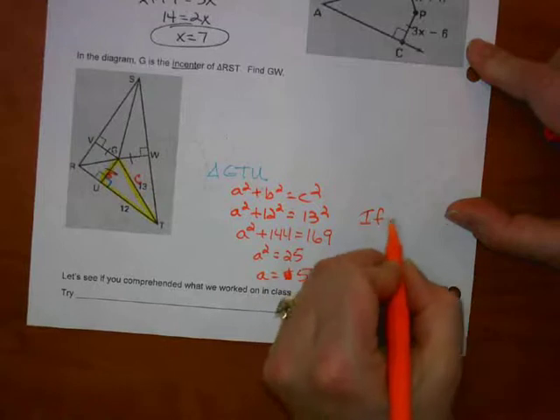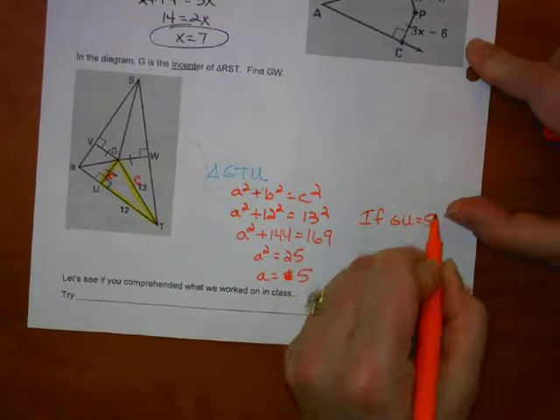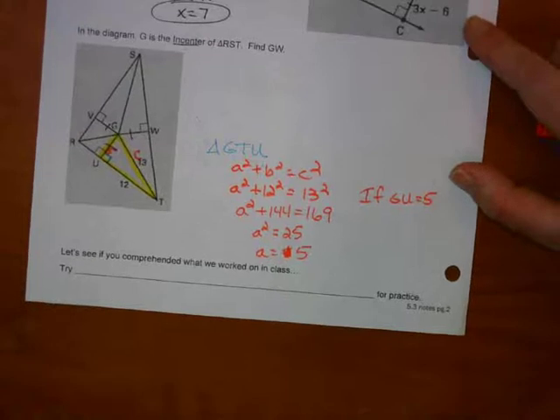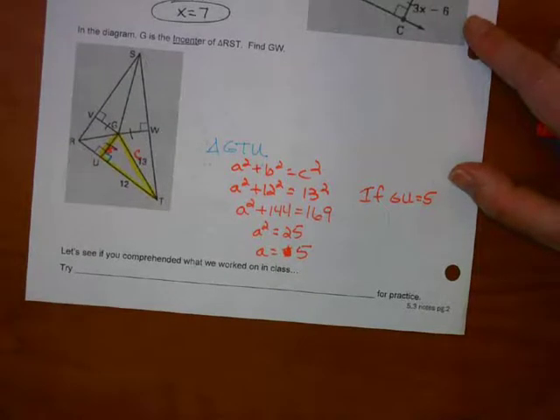If GU is equal to 5, then I know GW is what? Equal to 5. How come?